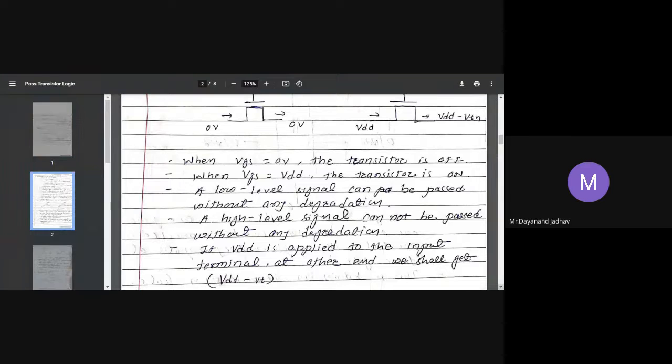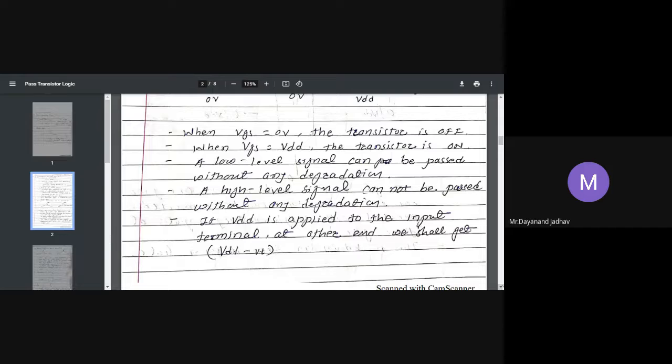This is the difference between applying 0 volt and applying VDD, and it is an important characteristic of the NMOS transistor. If VDD is applied to the input terminal, at the other end we shall get VDD minus VT. So it acts as a switch.